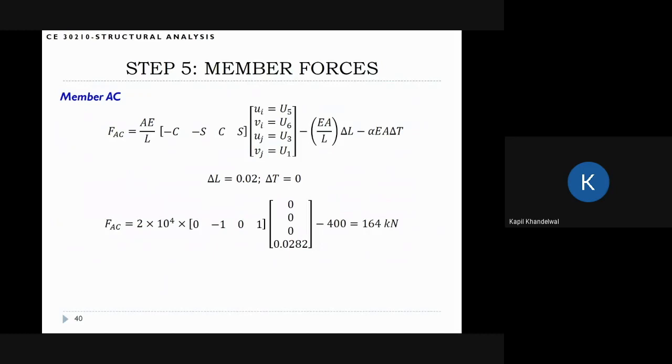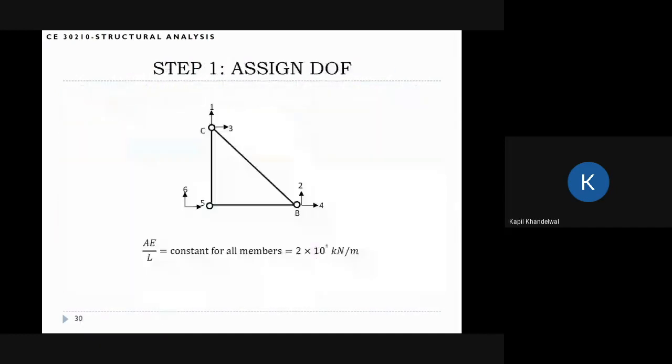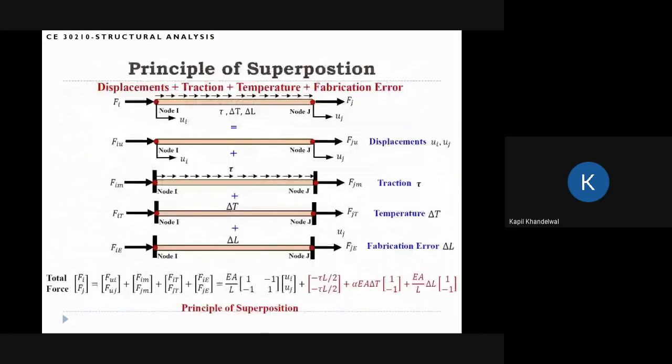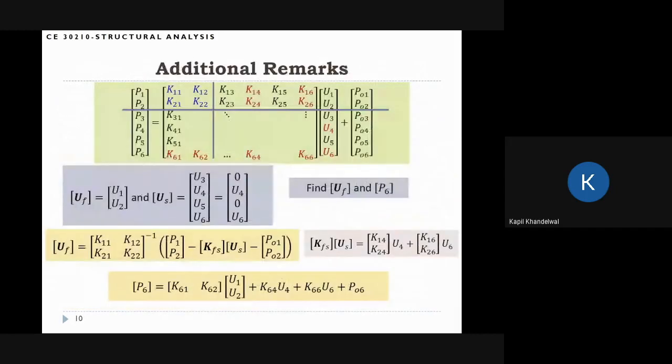You can always think, before solving a problem, what calculations are actually needed for a given problem. So if I go back, this is always the system that you are going to solve in our class.